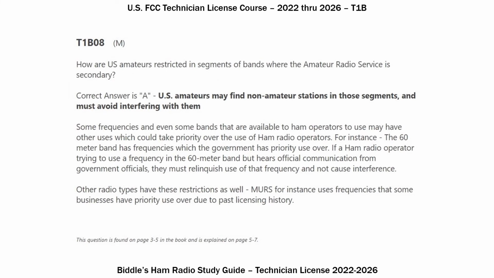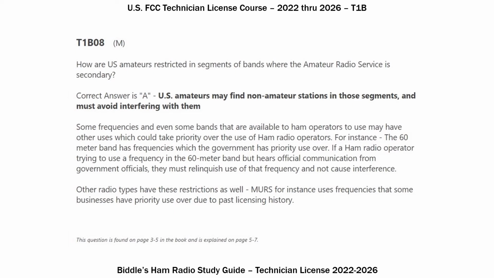Okay, so some frequencies and even some bands that are available to ham radio operators may have other uses which could take priority over the use of ham radio operators. For instance, the 60-meter band has frequencies which the government has priority to use. If a ham radio operator trying to use a frequency in the 60-meter band hears official communications from government officials, they must relinquish use of that frequency and not cause interference.